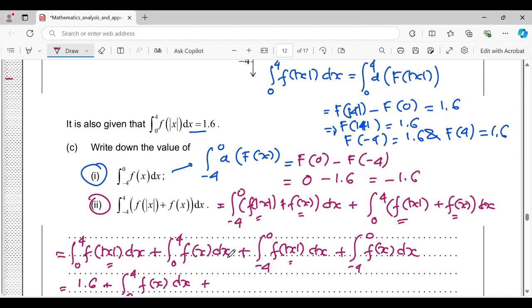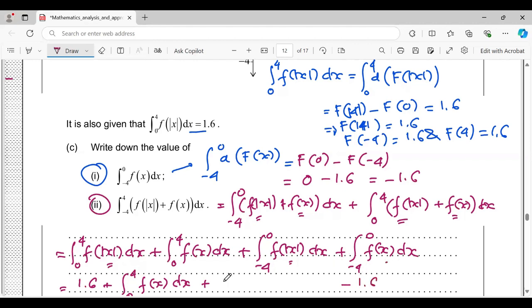Okay, this is the integral from 0 to 4 of f(x), which is 1.6. And then this one, this integral is what? This is minus 1.6.